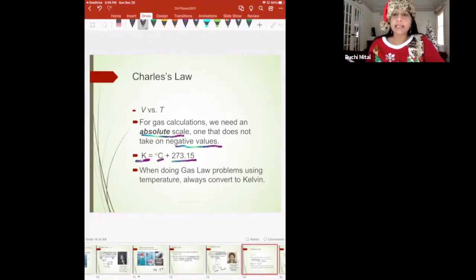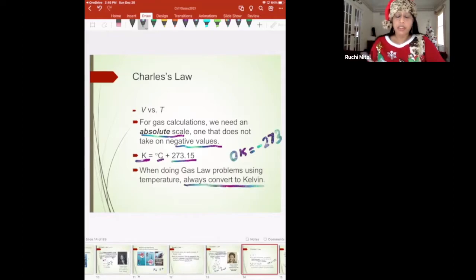And Kelvin is an absolute scale. That means 0 Kelvin is the lowest possible temperature. And if you remember, in degrees Celsius, it is negative 273 degrees Celsius. Okay. So therefore, you will never have to deal with a negative number.